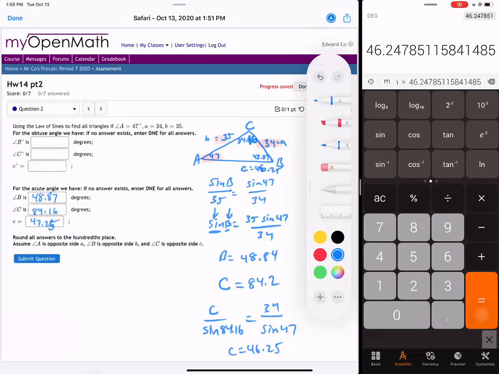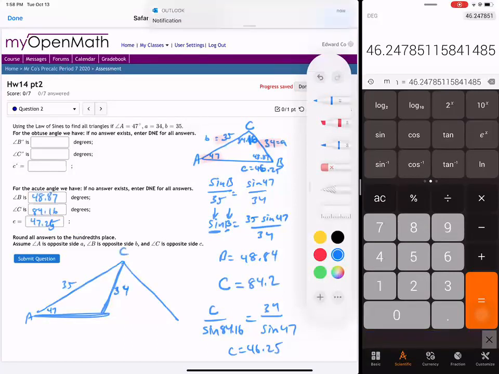Now, I'm going to draw my second version. So that's my original. My second version, remember, gets cut. So we still have 47. We still have 35. We still have 34.